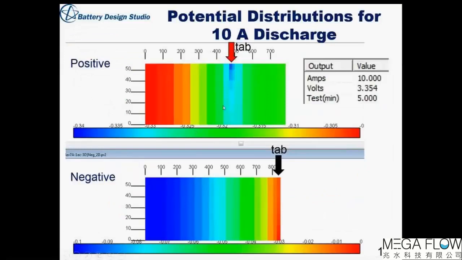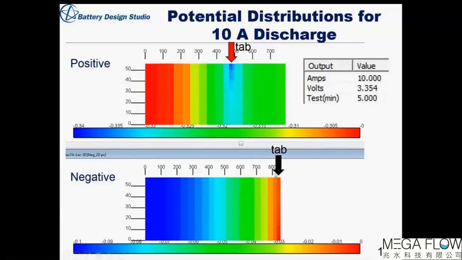The simulations show us what's happening inside the cell in terms of the distribution of potential across the electrodes. So this top chart is showing the positive electrode, and the tab is about 40% of the way in, and you can see that there's a more significant voltage loss from the tab to the far end, whereas from the tab to the other end, the potential is more uniform.